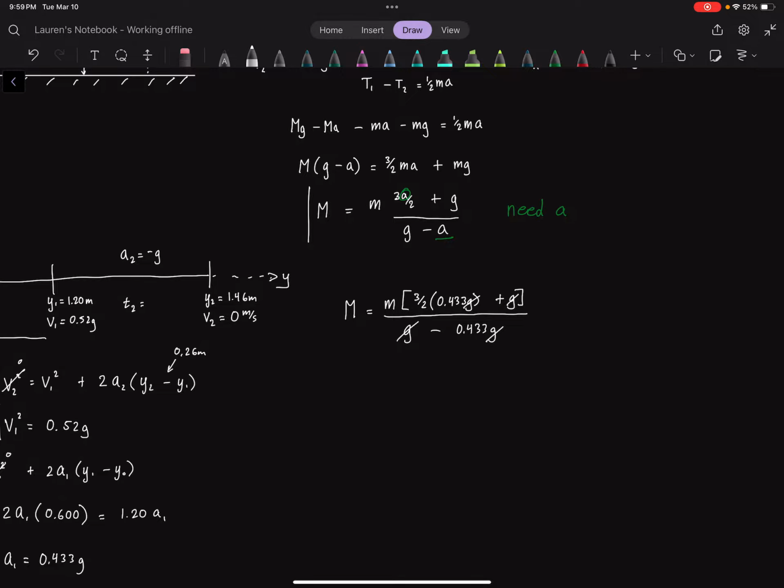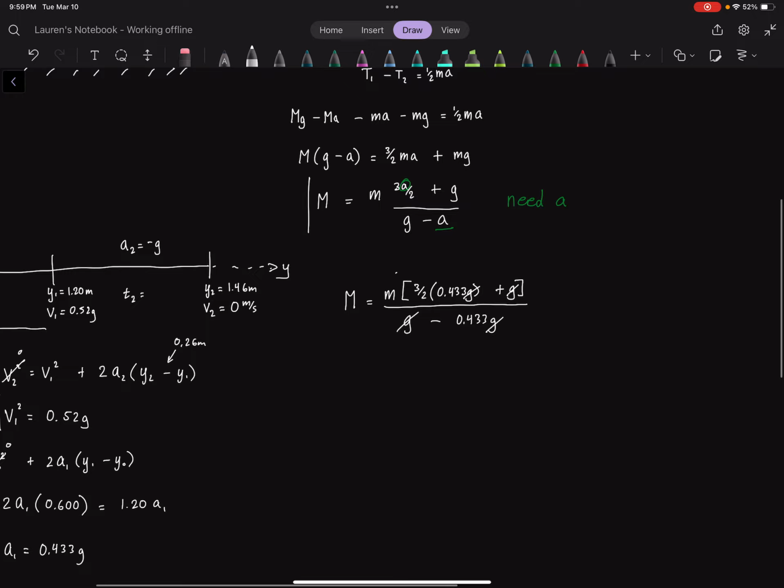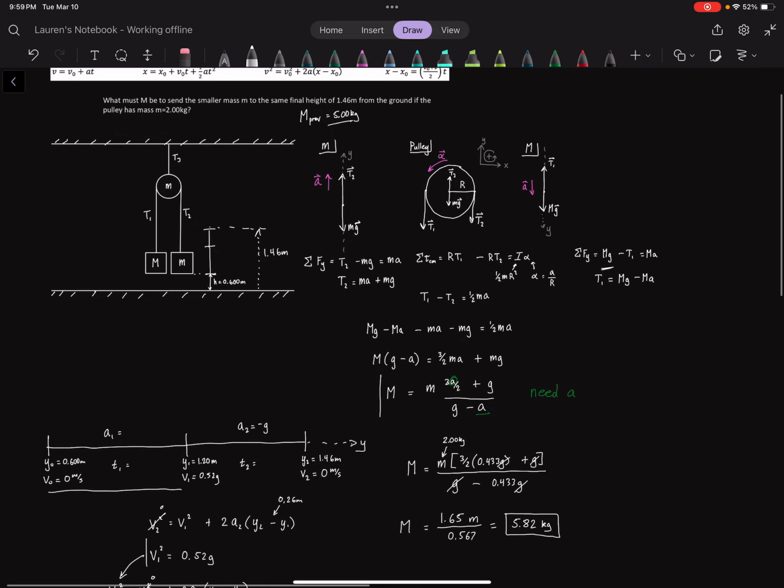And so then what you end up getting, this little m is 2 kilograms, right? So you get 1.65 times little m divided by 1 minus 0.433, which is 0.567. And since little m is 2 kilograms, you get 5.82 kilograms for big M, which, if you'll remember, is larger than 5 kilograms.